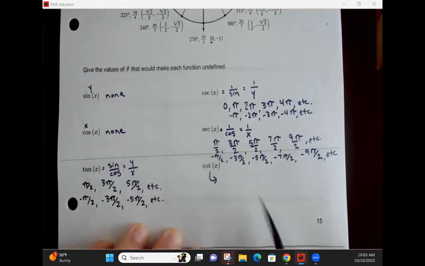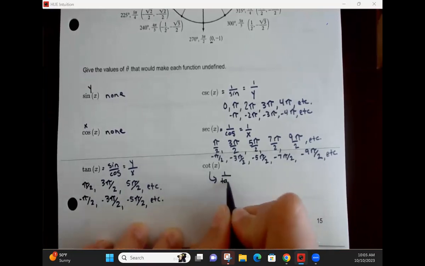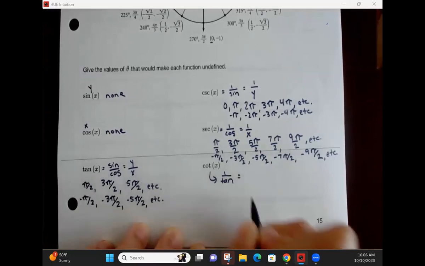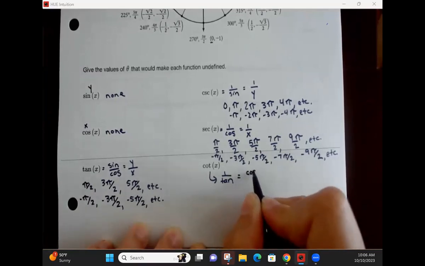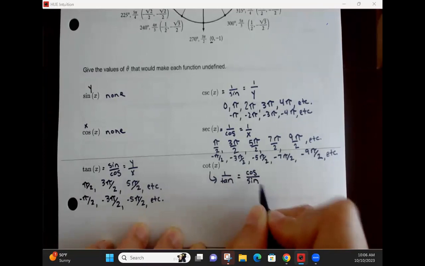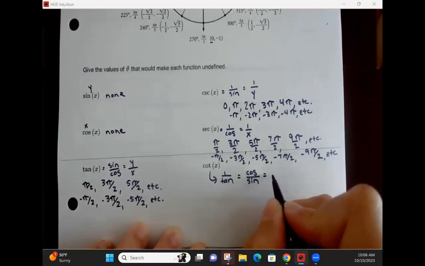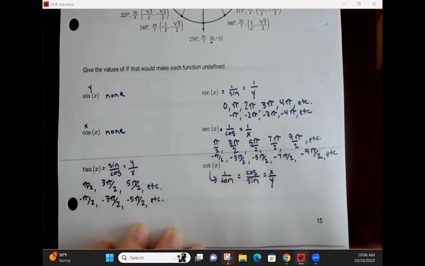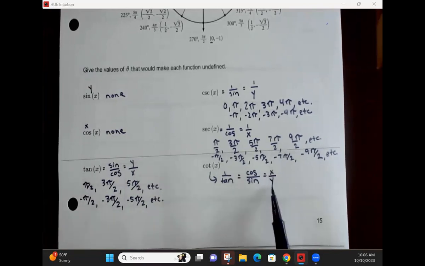Cotangent is the reciprocal of tangent, which means that we're looking at cosine over sine. So we are looking at x over y. Are there any places where cotangent would be undefined? Yes. Cotangent is going to be undefined anytime that y is 0, anytime the y coordinate is 0.